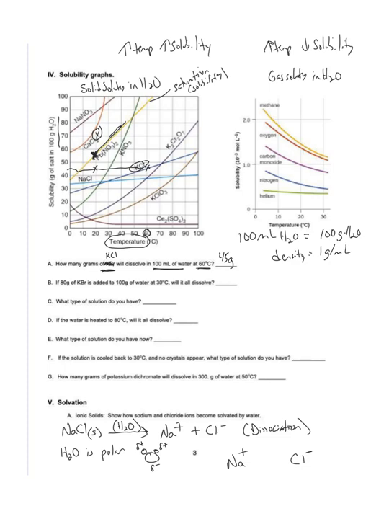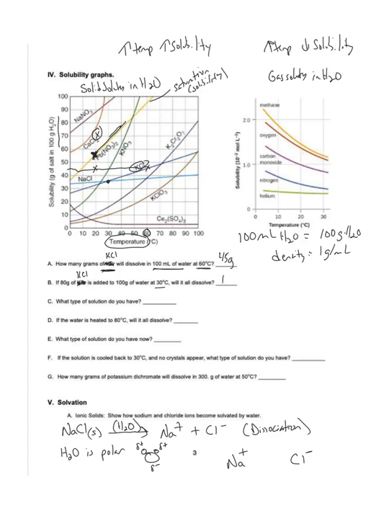Okay, if 80 grams of KBr is added to 100 grams of water, will it dissolve? Again, I'm going to cross out KBr and put KCl. If 80 grams of KCl is added to 100 grams of water at 30 degrees, will all of it dissolve? Well, if I find KCl at 30 degrees, we'll notice that the line is at about 35.